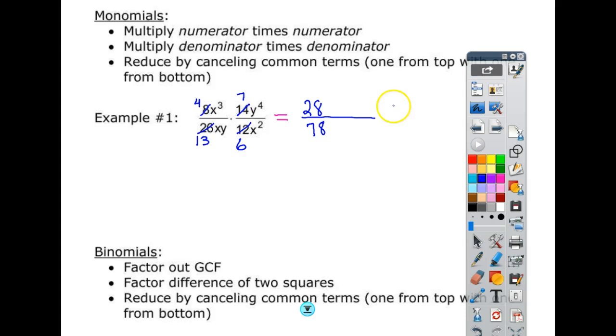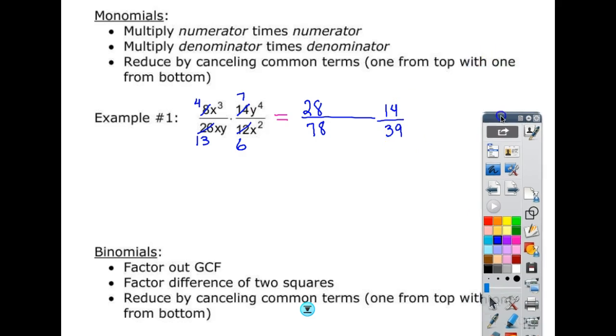If they divide by 2, we get 14 and 39. Will 39 divide by anything that 14 will divide by? No, 14 will divide by 7 and 2 and 14, and 39 won't divide by 7 or 2 or 14. So we've reduced it all the way.